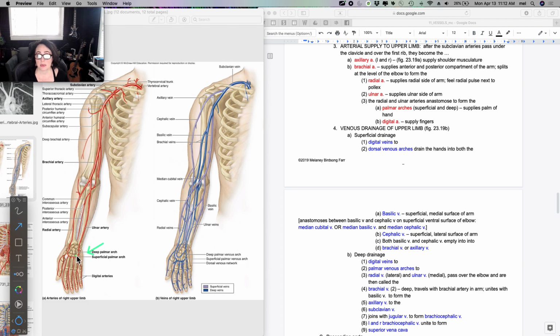Those give rise to the digital arteries, which deliver arterial blood supply to your fingers, okay? So pretty easy, right? The arterial flow goes subclavian, axillary, brachial, radial, ulnar, superficial and deep palmar arches to the digital arteries. So that blood supply is going that direction.